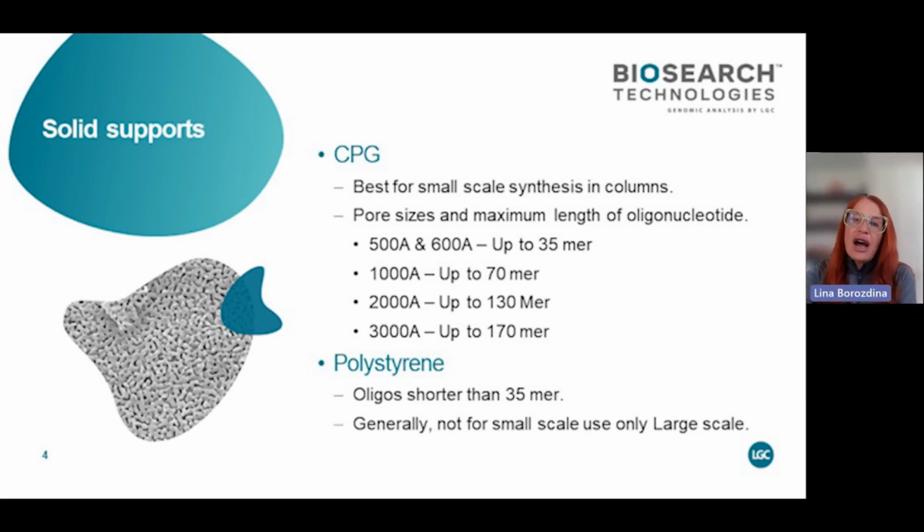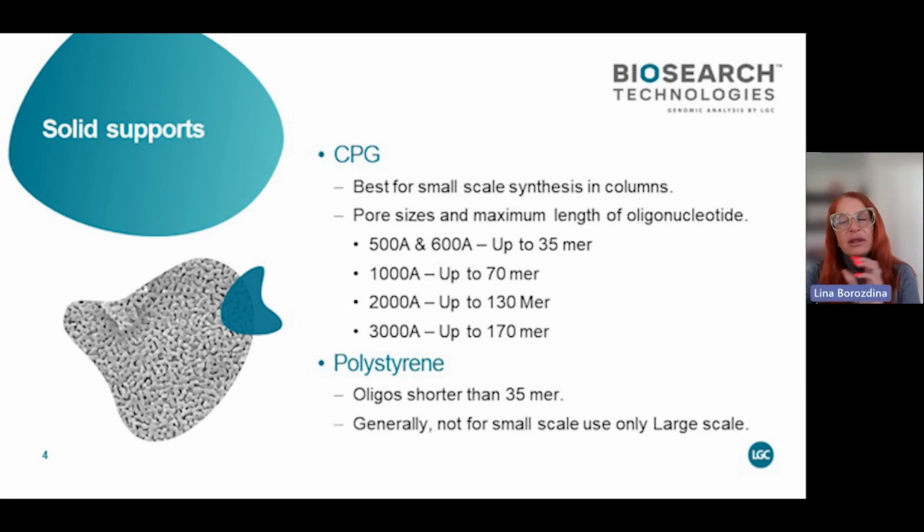So here's a little guide to the sizes for the size of your oligo you want to make. So 1000 angstrom, you can do up to 70 mer, 2000 angstrom up to 130 mer, which is good for CRISPR application, guide strands. And then 3000 angstrom, you can go up to 170.